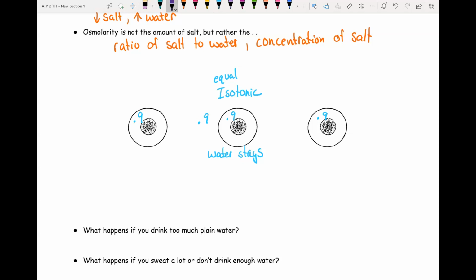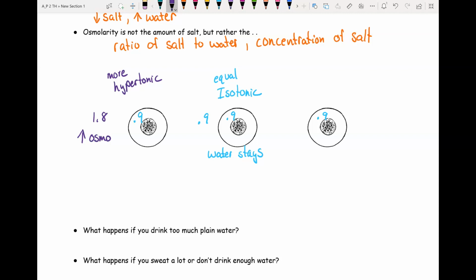Let's suppose you have hypertonic. Remember, hyper means more. And remember, with these words, we're talking about the outside of the cell. That means the outside of the cell has more salt than the inside. So let's double it. Let's say 1.8. 1.8 is twice as much as 0.9. This means you have an increased osmolarity out here.